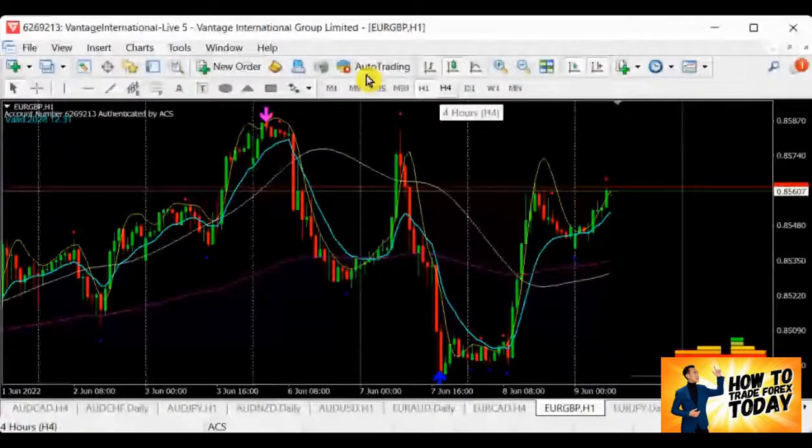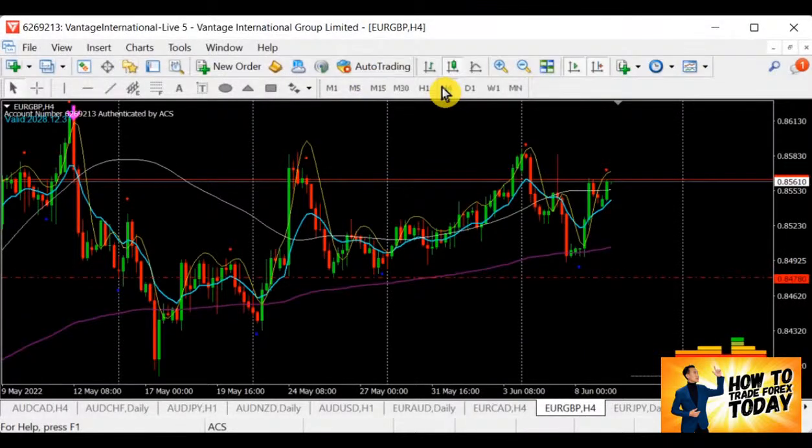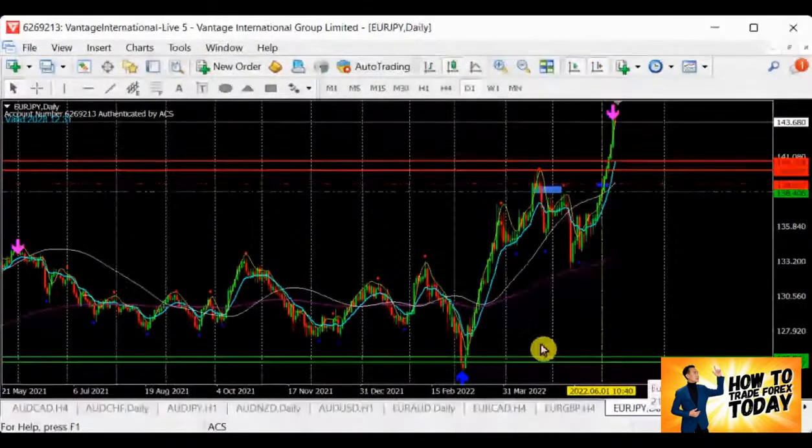But Euro Pound is not really that ideal because the situation in Europe is not very favorable, with a lot of things running here and there, the Ukraine war and Russia. So tentatively, I would say no. Let's move on. I'm going to stay away from Euro Pound for quite some time. This is not really ideal.